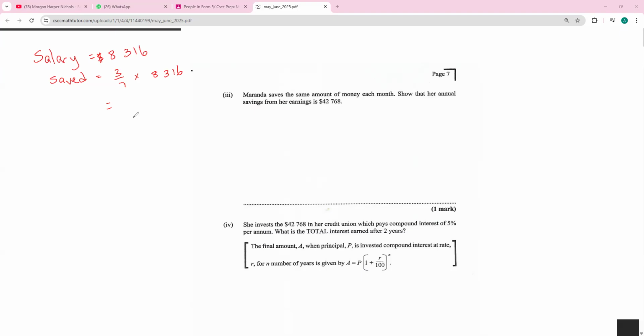Using a calculator, 3 divided by 7 times the $8,316. She saved $3,564 per month.